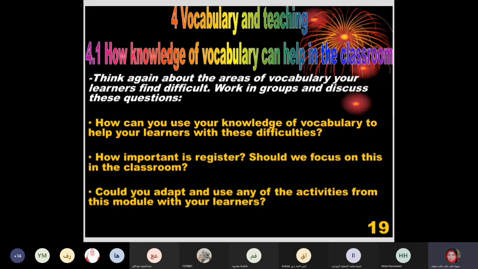I will teach vocab tomorrow. How should I convey this knowledge into the teaching context? How could this information of vocab that you got today help your learners with these difficulties?